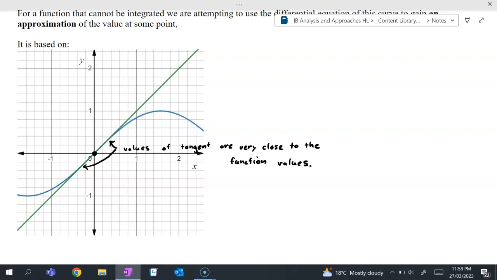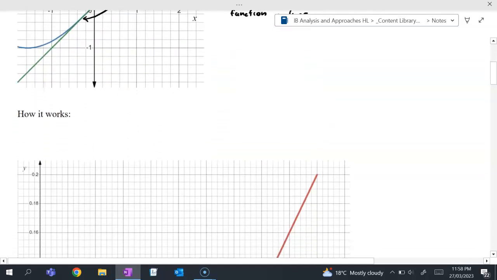From what we can look at, they look identical. Now we know that if we zoom in they wouldn't be identical, but it's enough to say that they're very close.